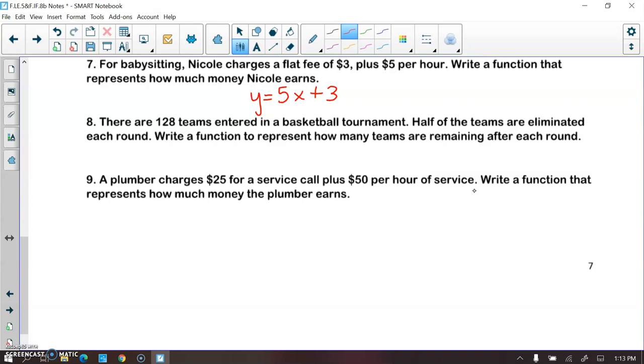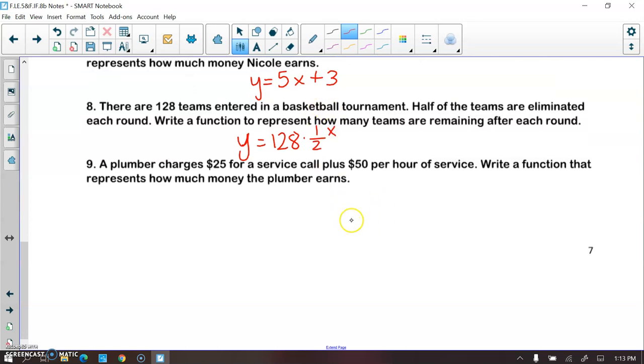What's happening each time is I'm multiplying the number of teams by 1/2. Since I'm multiplying by the same number over and over, this is exponential. Your A is what you start with, so I started with 128 teams. Your B is how much we're multiplying by each time, which is 1/2, and that's raised to the x power.